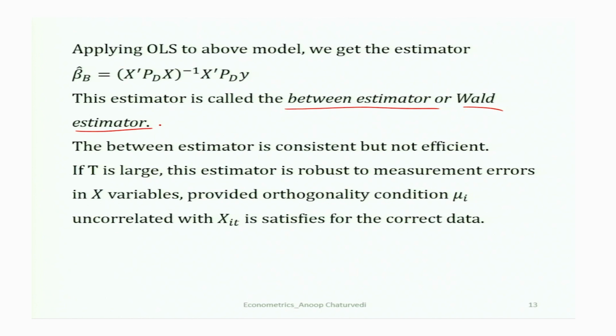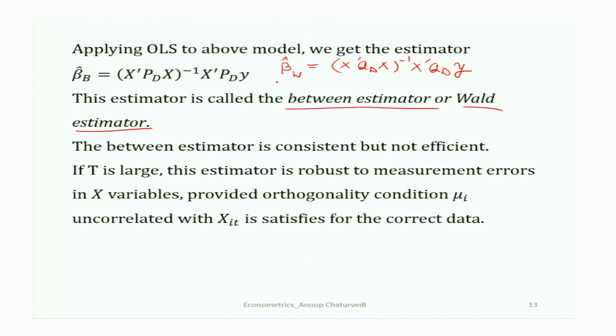So, now you have two different estimators, this between estimator, and then you also have the within estimator beta hat w, which is equal to x transpose Q d x inverse x transpose Q d y. Actually, this estimator is based on the deviation of different observations from individual specific means.